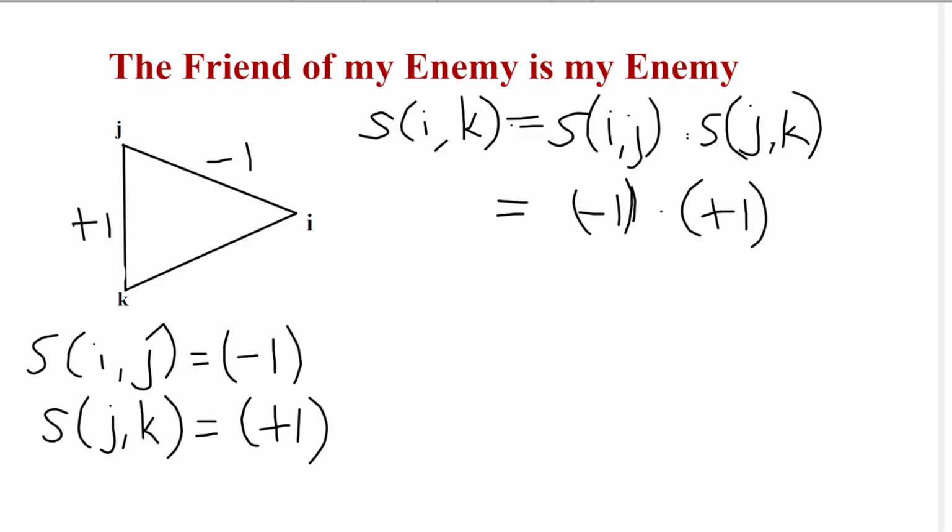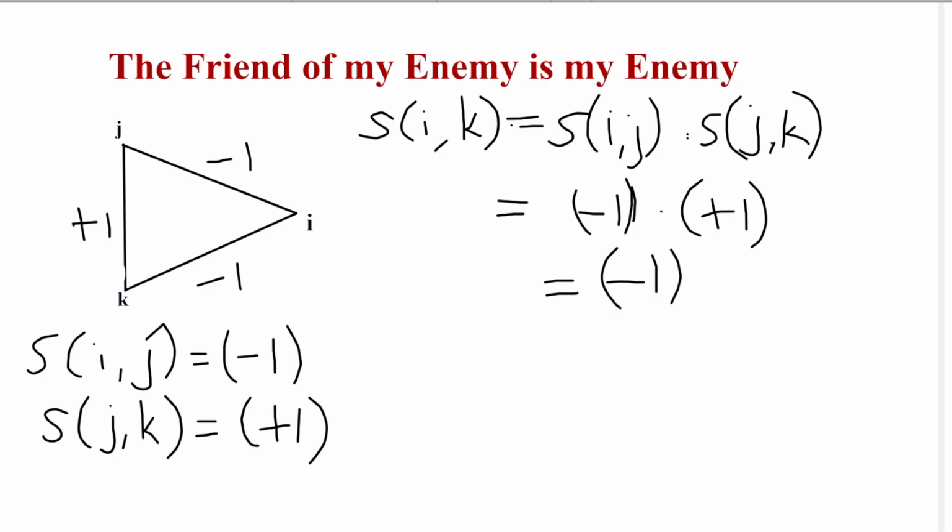Negative and positive when multiplied yields a negative. So the sign of IK here will be a -1. Hence the theory, the friend of my enemy is my enemy, because J is the enemy of I, and because J and K are friends, K definitely becomes my enemy. So hence I and K are enemies.